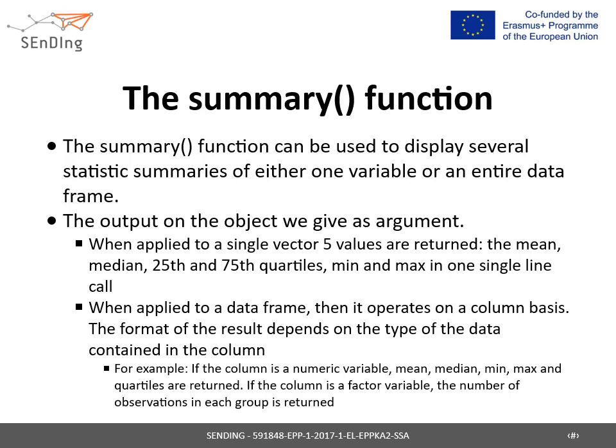When applied to a data frame, it operates on a column basis. The format of the result depends on the type of the data contained in the column. For example, if the column is a numeric variable, mean, median, minimum, max and quartiles are returned. If the column is a factor variable, the number of observations in each group is returned.